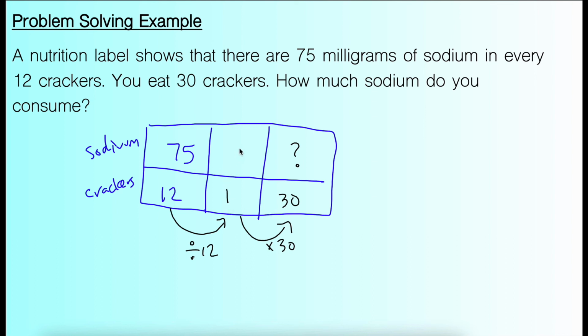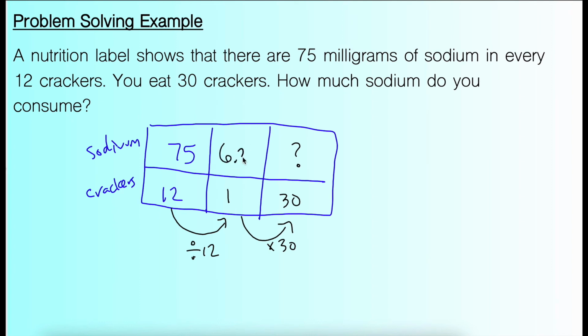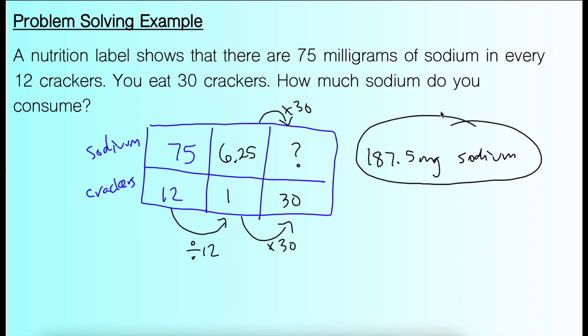That would tell me how much is in 1 cracker, and then get to 30 crackers. And that's 6 1/4, 6.25. Multiply that by 30, and you get to your final answer. And that should be 187.5 milligrams of sodium. So that's one way that you could attack this problem.